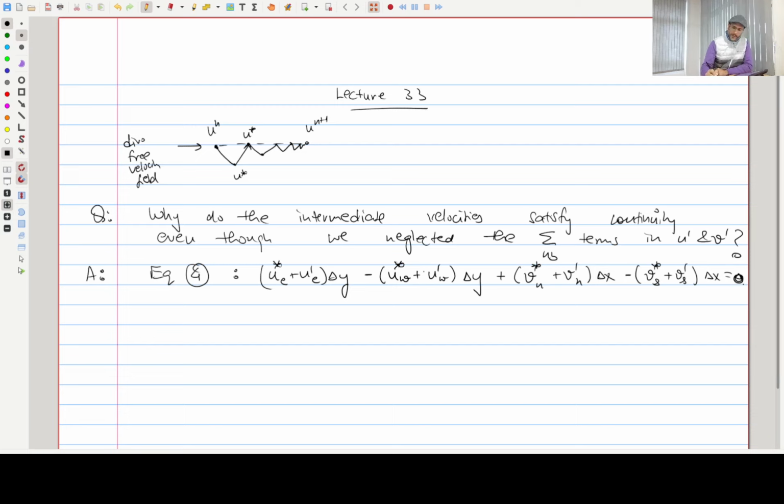So this was the continuity equation. That is what you get if you discretize this using the finite volume method. So you have velocities at the 4 boundaries times the area, dotted with the area vector.